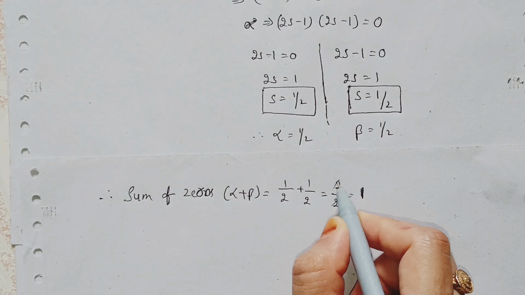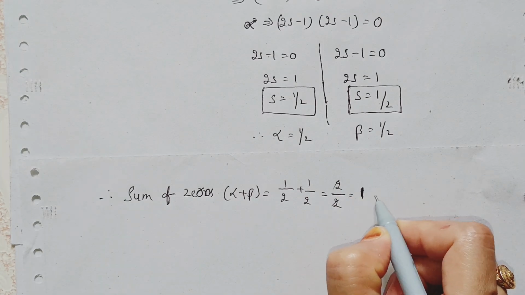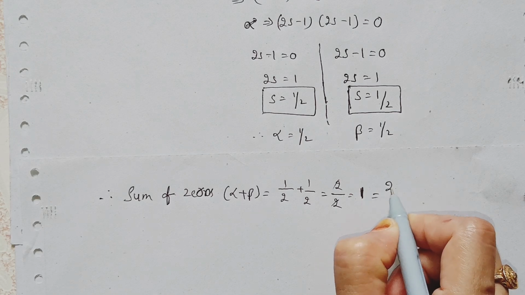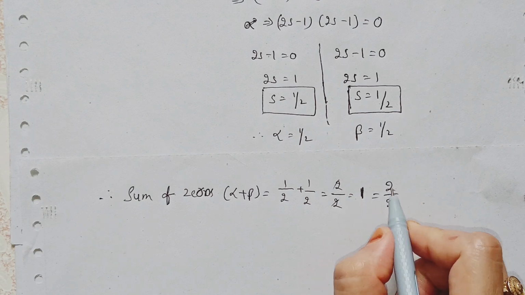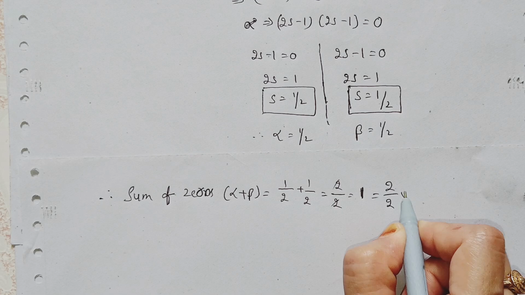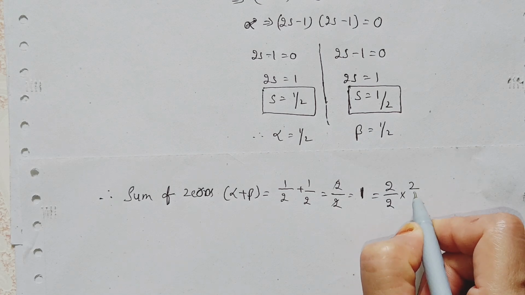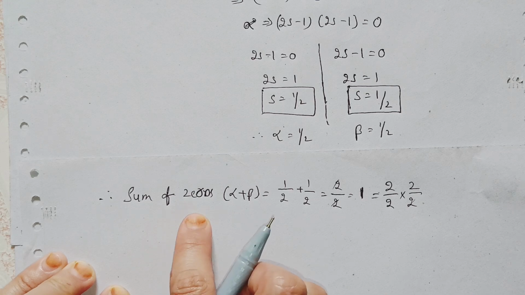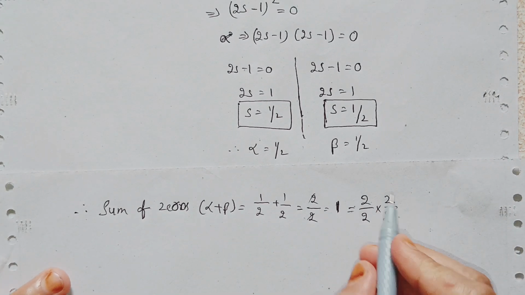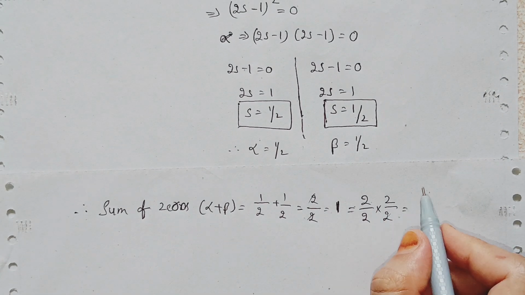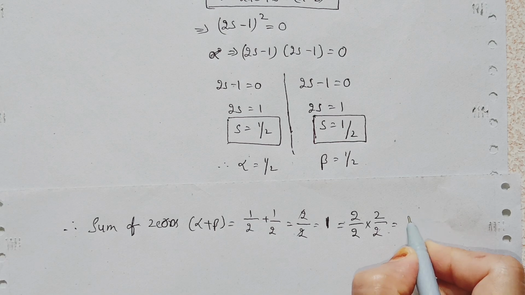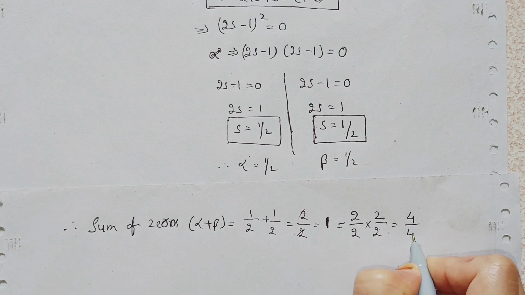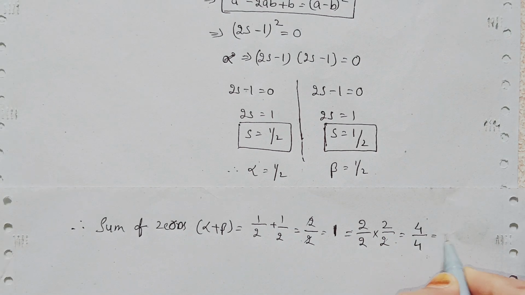So instead of cancelling this 2, I can write 1 as 2 by 2 again. For this 2 by 2, I am just dividing and multiplying by 2 again. To get the formula for sum of zeros, I am doing this step. Okay, then the answer will be here 4, here also 4. And this 4 can be written as minus of minus 4 divided by 4.